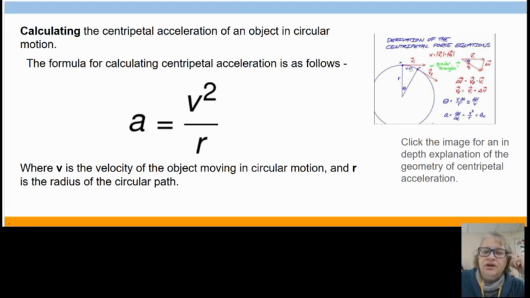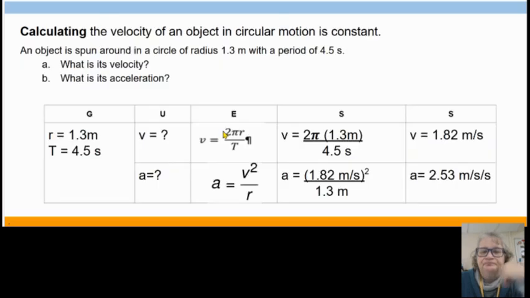I think they do a pretty good job of explaining it, but it's mathematics and we want to get to the physics of it, right? All right, so v is your velocity squared and r is your radius.